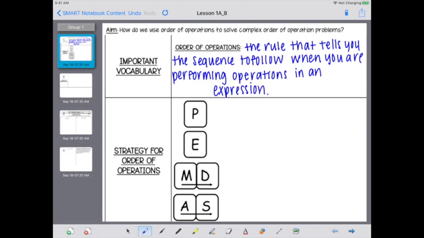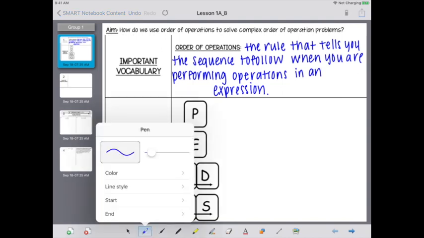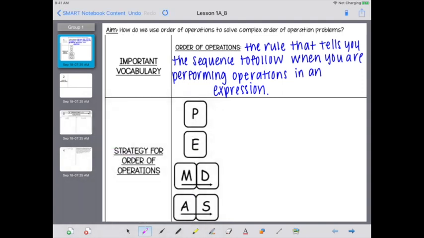Okay, so now going over the strategy for order of operations. So PEMDAS is the strategy that we've heard before in the past, whether in a different grade or in another lesson that I've done. So P is going to stand for parentheses. E represents exponents. You want to take care of those first after parentheses.